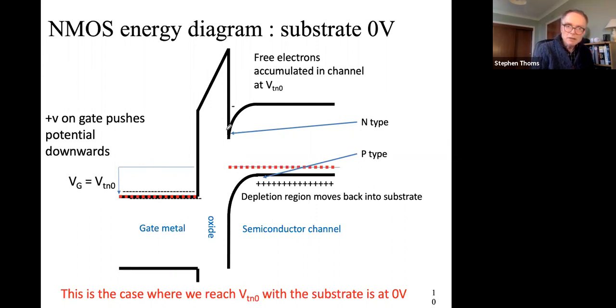And eventually you end up with an inversion region here, which becomes N-type, and your NMOS will start to conduct. You'll have the transistor being active. Now, this is the case with the substrate at 0 volts.